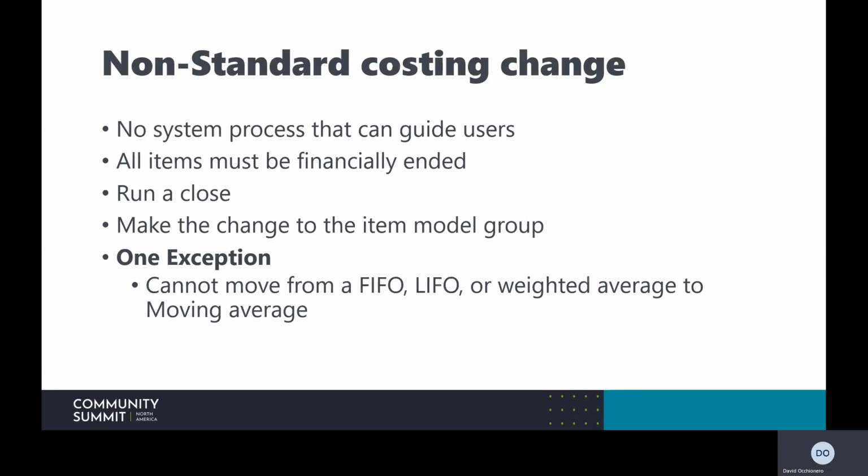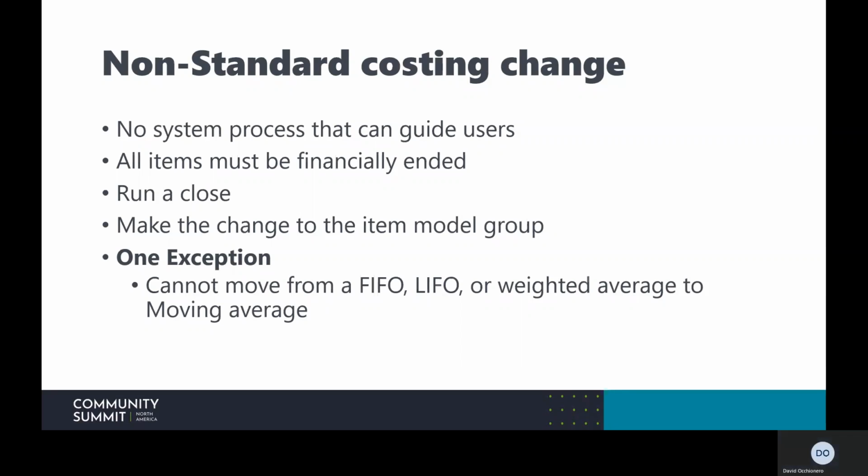There are some exceptions to this rule when changing the item model group and running an inventory recalculation. For the sake of this presentation, and because this is such a big decision to make, we are going to assume that all items will be changed. So once the close has been executed, change the item model group on the item to reflect the correct costing method, and then revalue your inventory immediately.